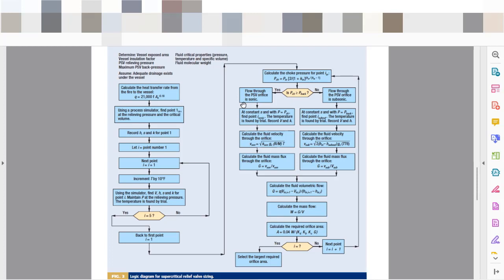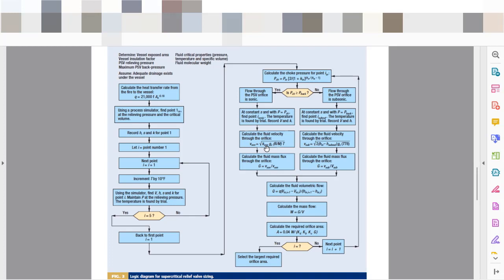Considering that it will be sonic with a constant entropy and the pressure as the choked pressure, we need to find the choked temperature. And with the choked temperature, we record the specific volume and also the Cp/Cv. With that, we calculate the fluid velocity through the orifice as a sonic velocity based on this equation.